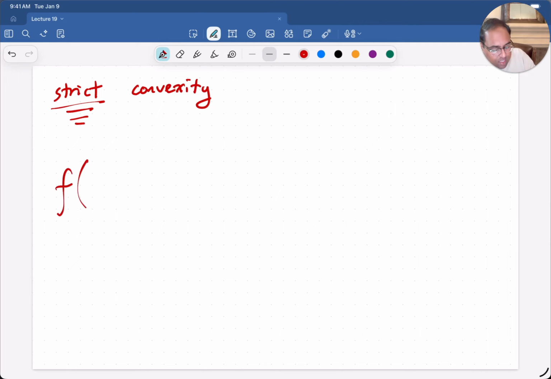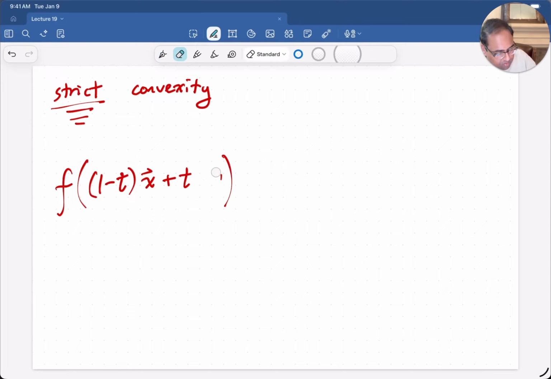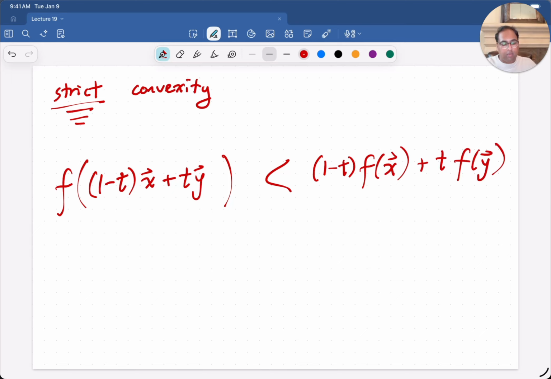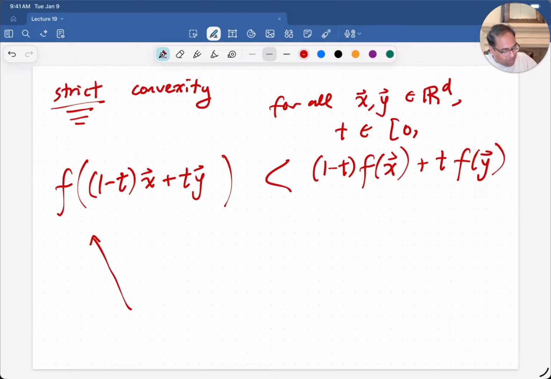It states that the function is always strictly less than the line segment, and the equal to case is not there. This is again for all x and y in the domain and t between 0 and 1.